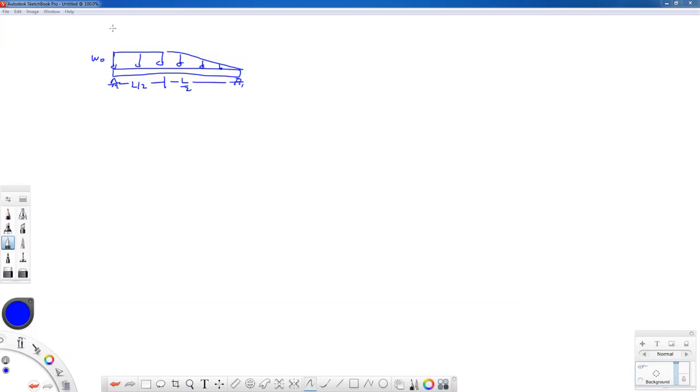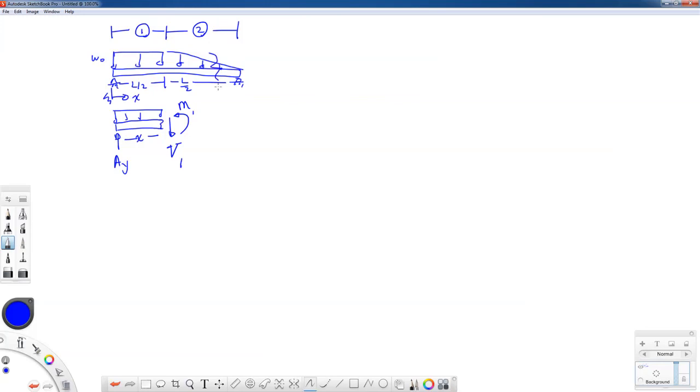So there's region 1 that goes from here to here, and region 2 goes from the middle to the end, the right side of the beam. So we would make a free body cut after we find our reactions inside region 1, and find a V1 and an M1, where this is the distance x if our coordinate system starts here.